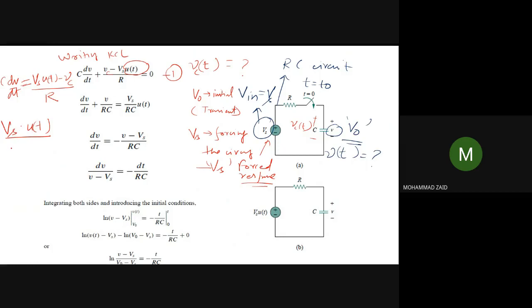So that means we are applying our forcing function at t is equal to 0.